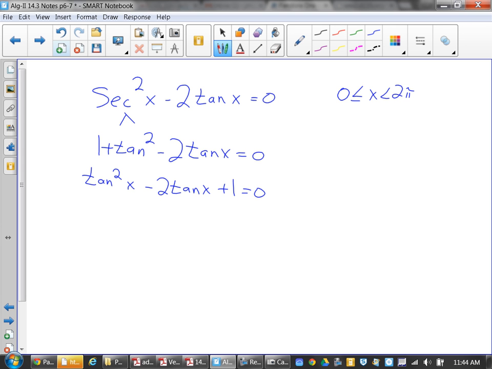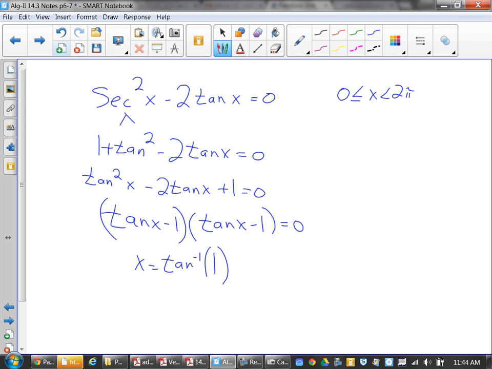That's fine. All I'm going to ask you is what times what is positive 1 and adds together to get negative 2? Negative 1 and negative 1. So that means it's tangent of x minus 1, tangent of x minus 1. What angle has a tangent value of 1? 45.